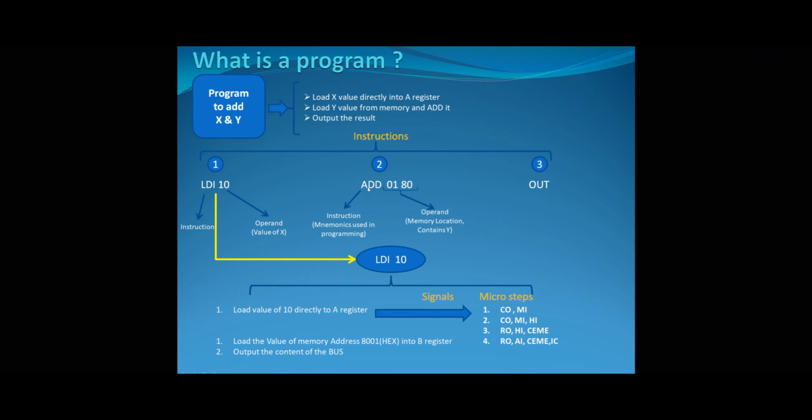However, these mnemonics need to be translated into binary values, so that our computer understands that this value is equivalent to LDI, or another value is equal to ADD, and so on. So that was really all about it.